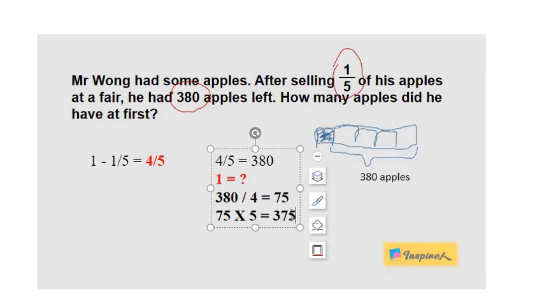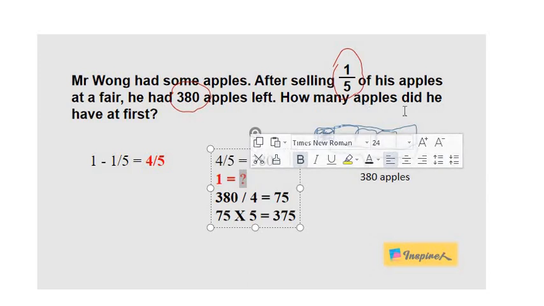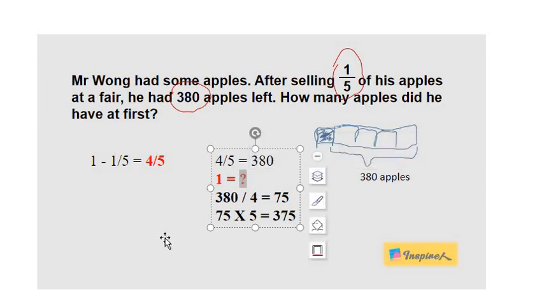And that would be the answer. Okay, that would be the answer of how many apples he had at first.